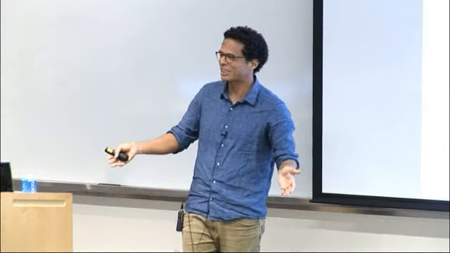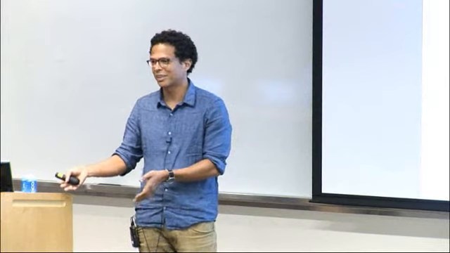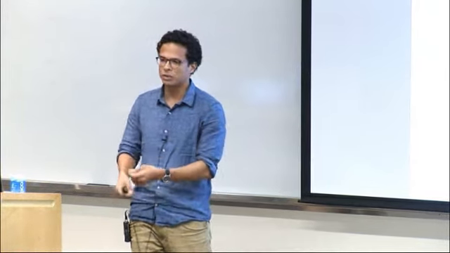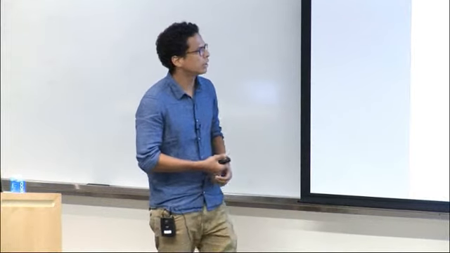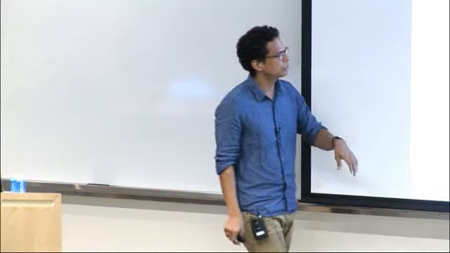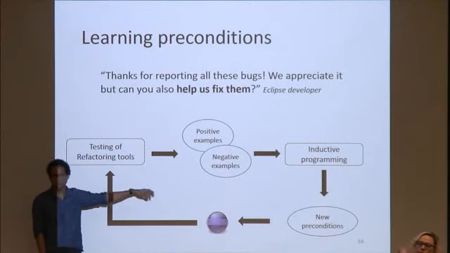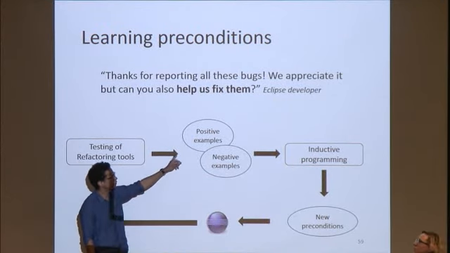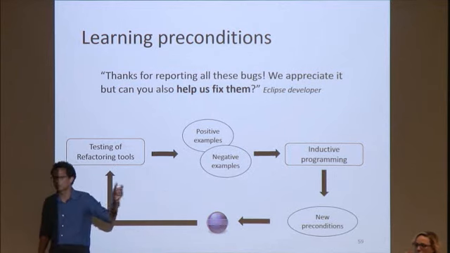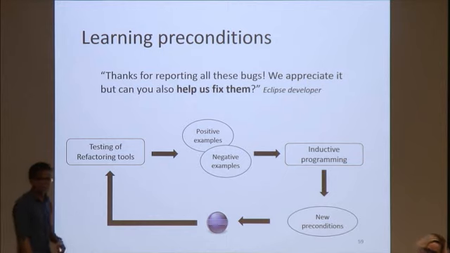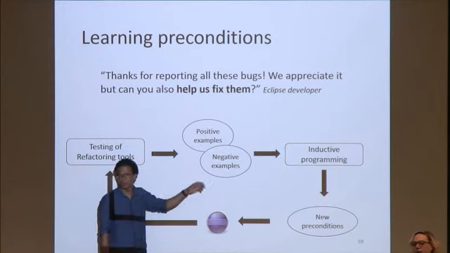Because you're reporting 100 of these bugs, it's hard to fix them. You need to implement a new precondition for each one of these bugs." And the idea is using these testing techniques for generating examples of inputs that the refactoring engine should accept and inputs that should not be accepted. I mean, input programs.